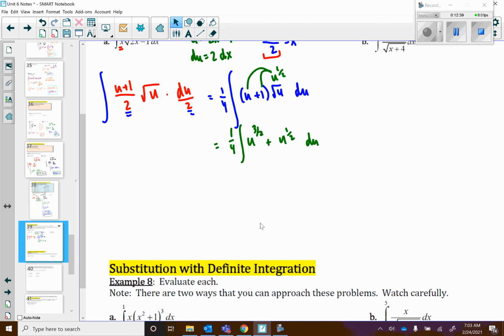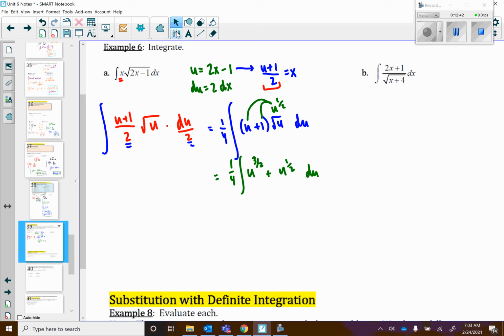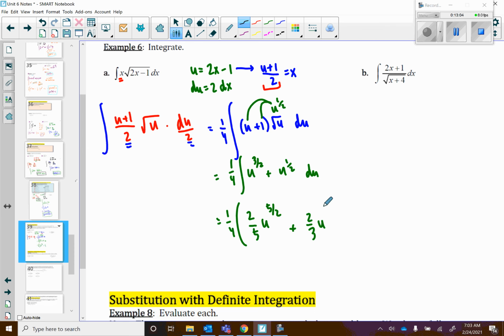Well, what do we do with this integral? We calculate it like we've been doing, where we add 1 to our exponent and then divide by that exponent. So we have 1/4 still, to hold that out front. This would be 5/2, so that means 2/5 u to the 5/2, plus this would be 3/2, so 2/3 u to the 3/2, plus c still.